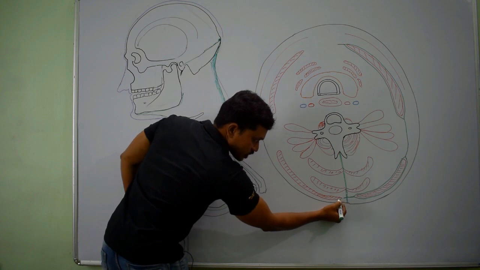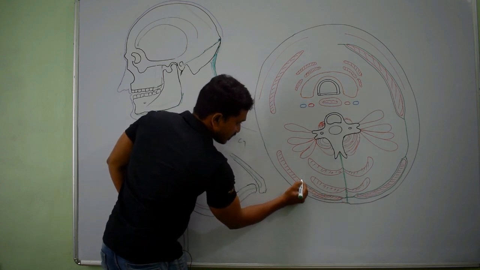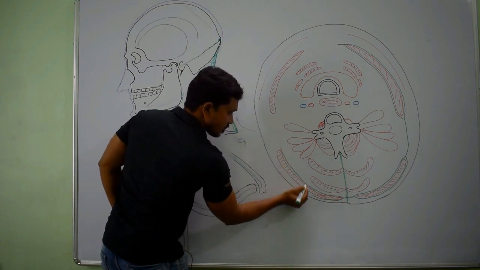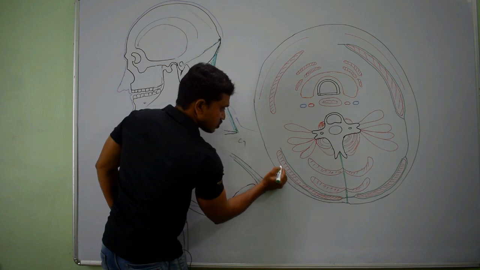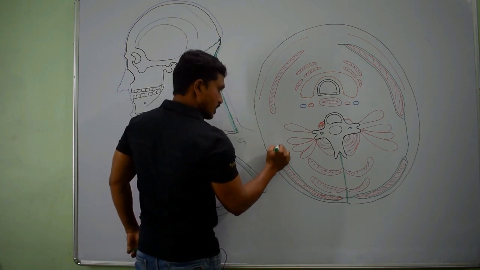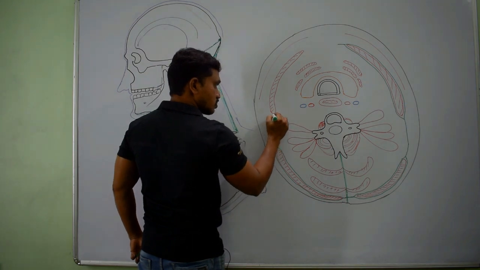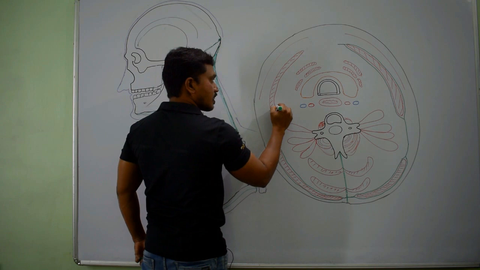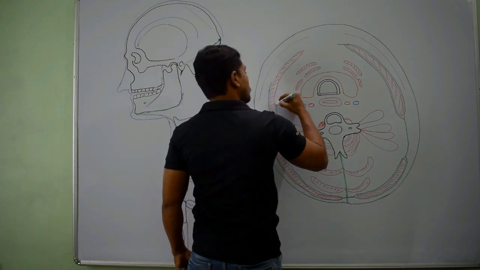When it reaches to posterior border of trapezius muscle, it has split and covering the muscle, and it has reached to the anterior border. Again these two layers are united and forming the roof for the posterior triangle. Then it reaches to the posterior border of sternocleidomastoid. Again it is splitting and covering the sternocleidomastoid muscle.